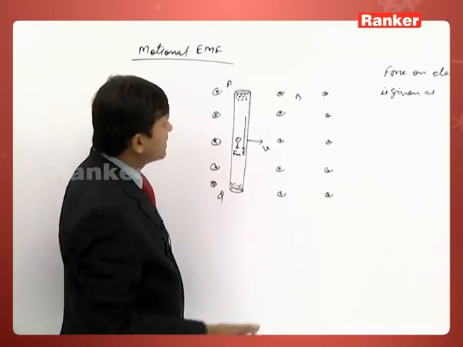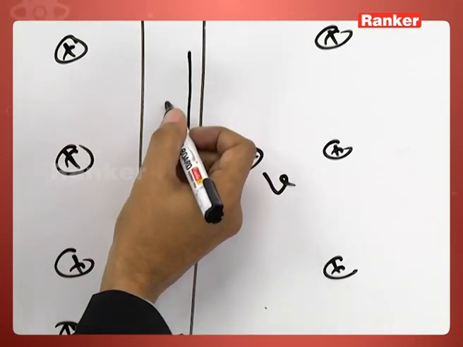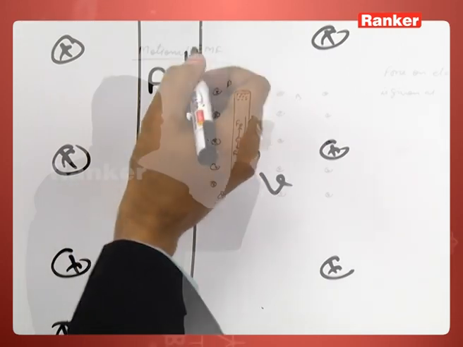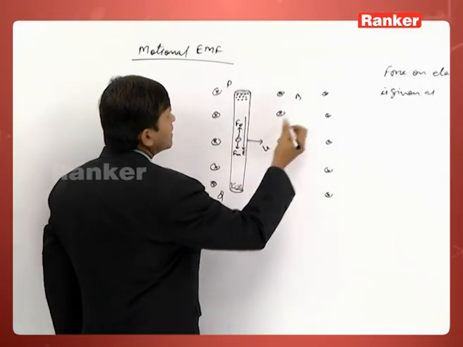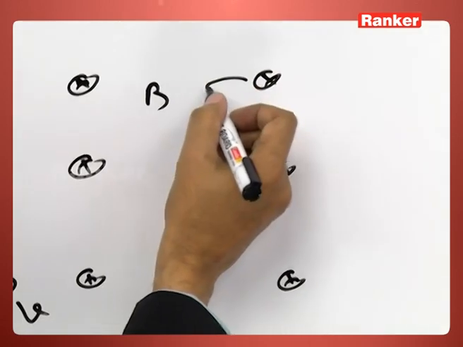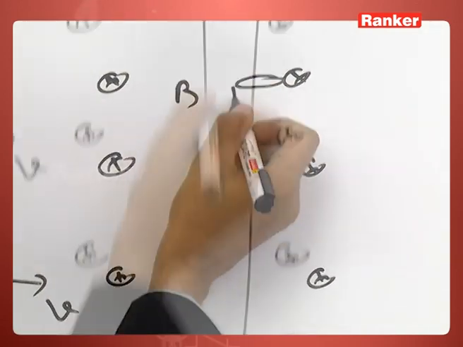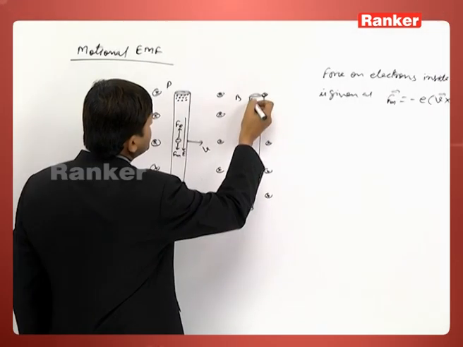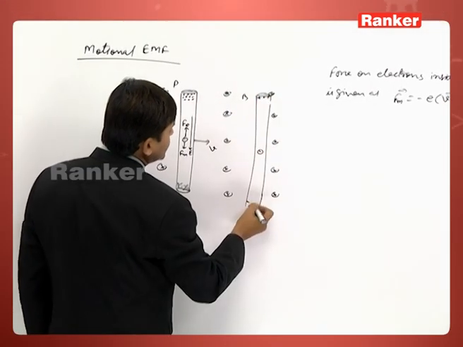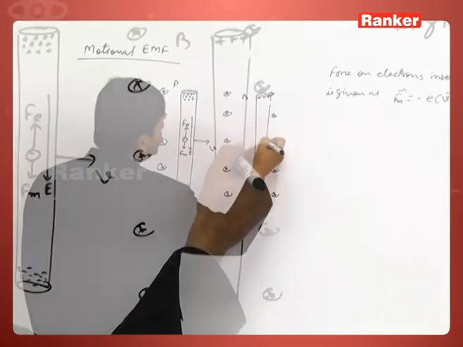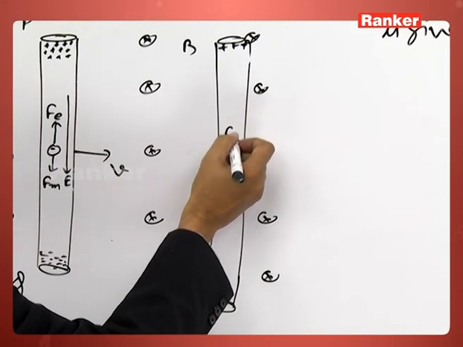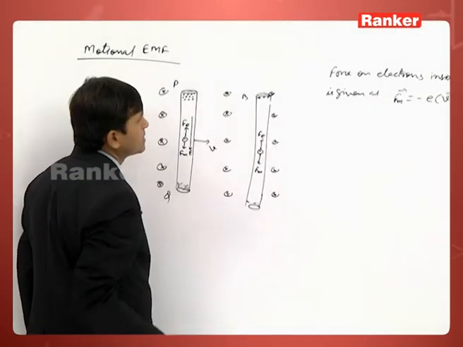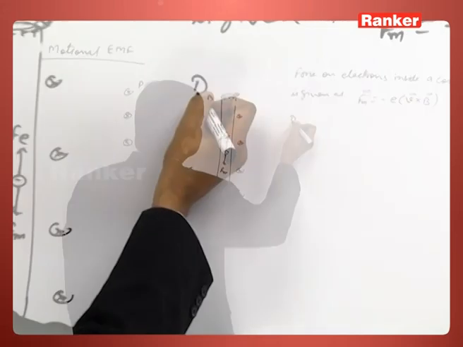Due to the electric field, a force opposite to the magnetic force also develops. So at this position, with positive charge density here and negative charge density here, the electric force acts in this side and the magnetic force in this side.